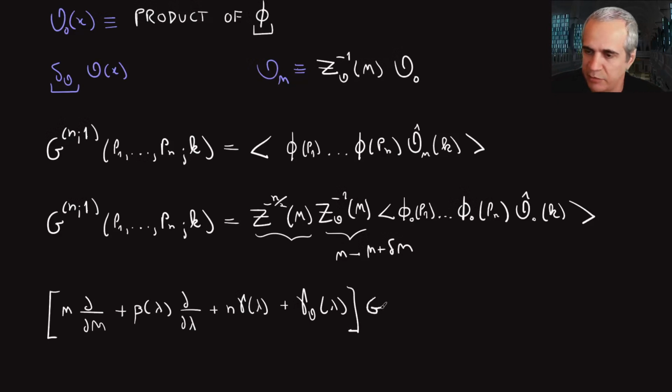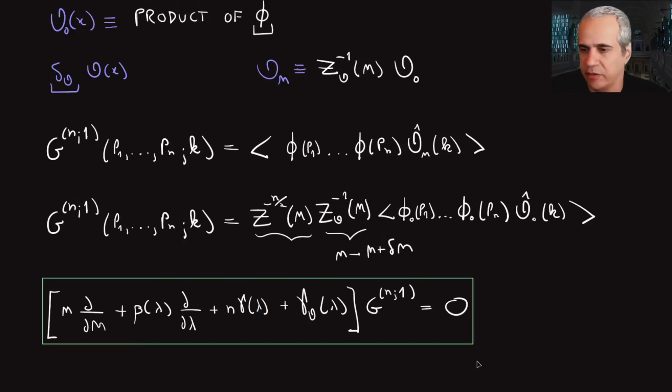And that gives me the Callan-Symanzik equation for this Green function now in the presence of local operators, external or not. Whether they are external or not all depends on this momentum here. I can set it to 0 and then there's no external momentum going in.